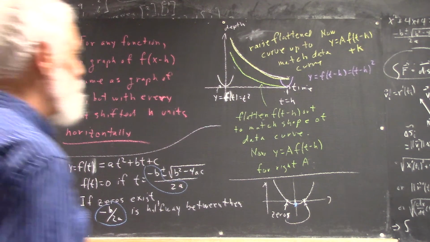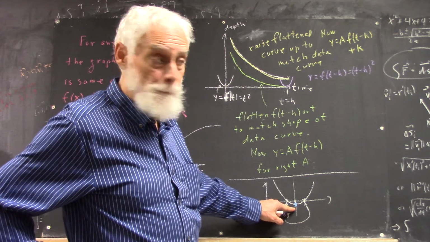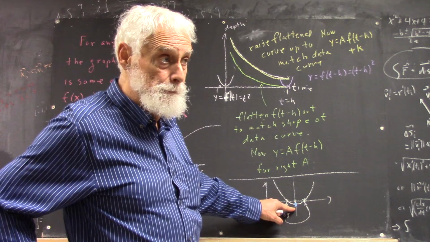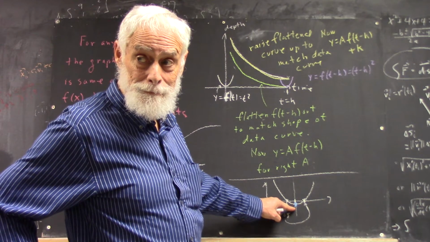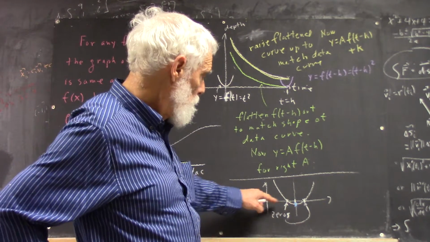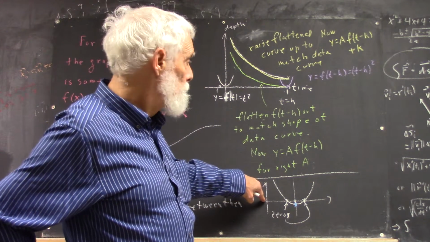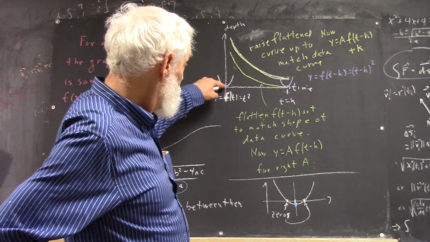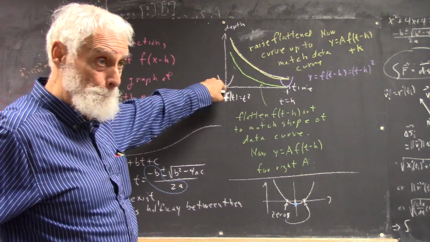How would you describe this point on a parabola? There's a name for it. It's not the origin, the origin's over here, but it corresponds to the point where the basic function's at the origin, right?